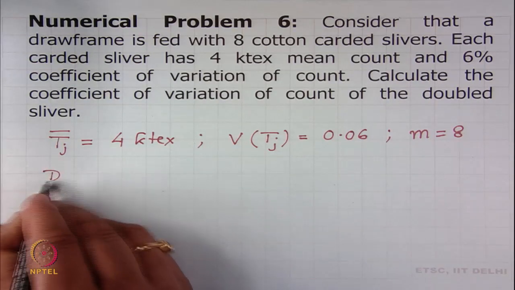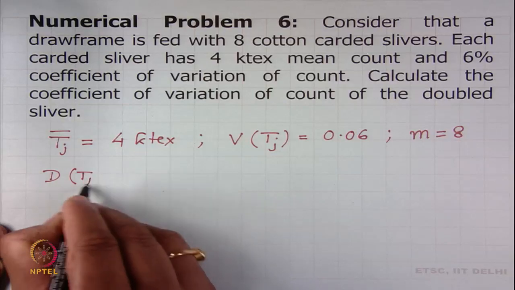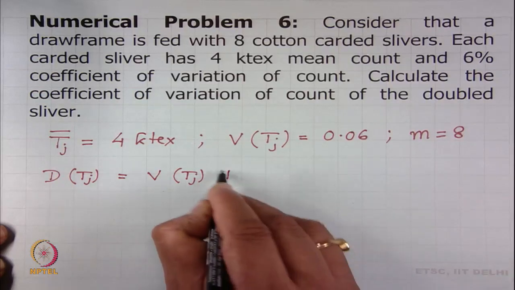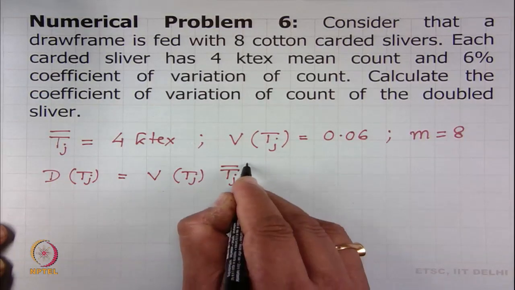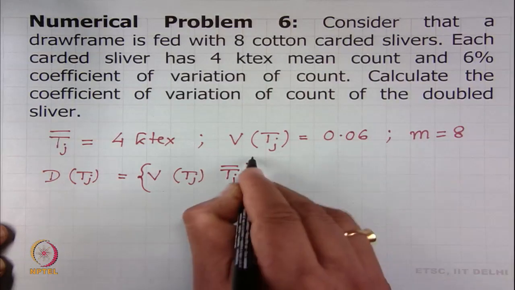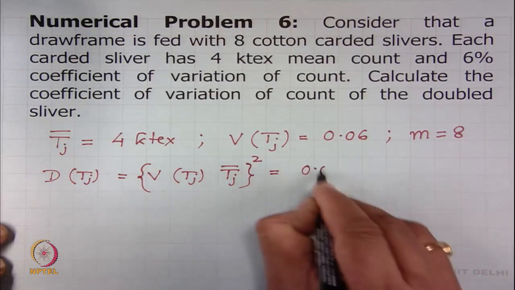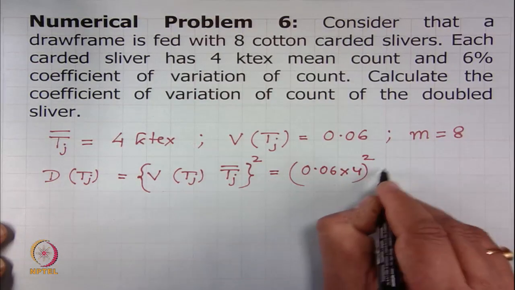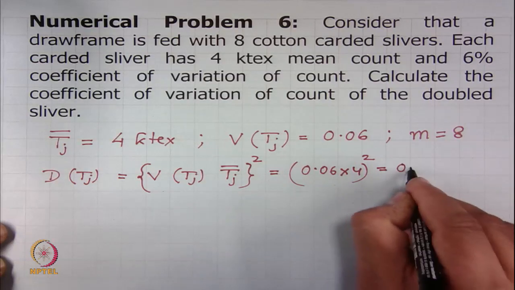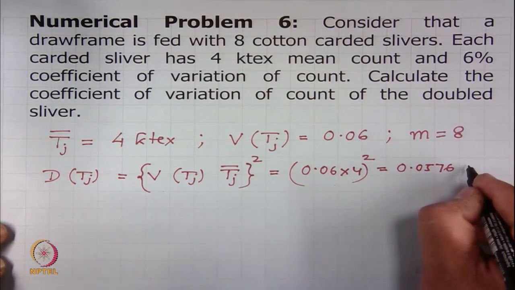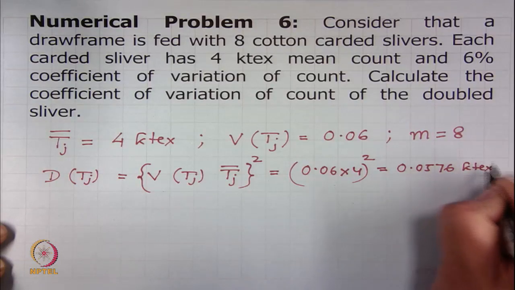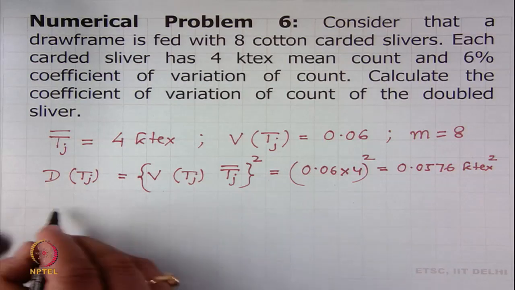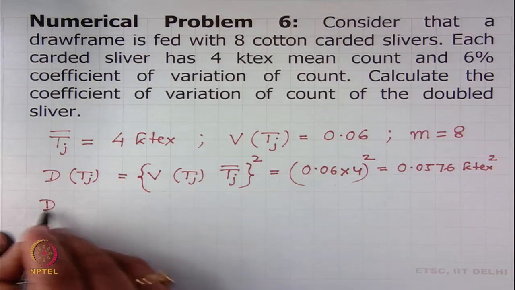So, what will be the variance of individual one? This. What will be the unit? Kilotex square, right. And what will be the summation of all variance?